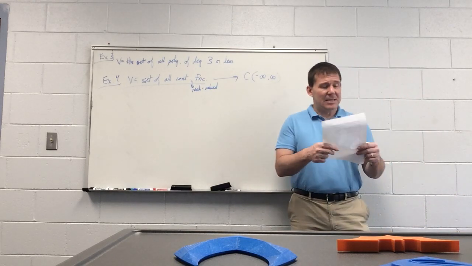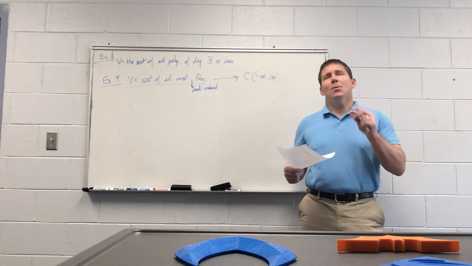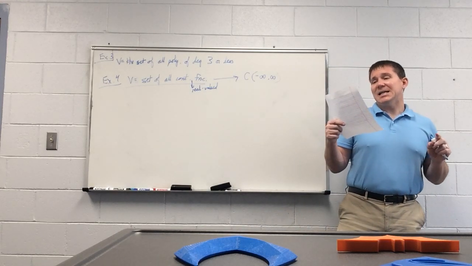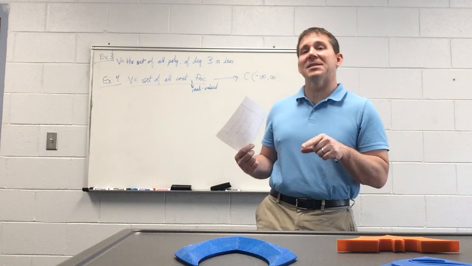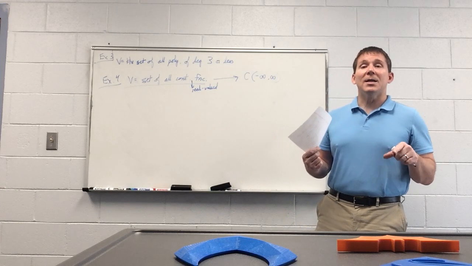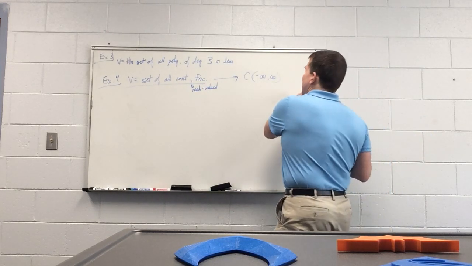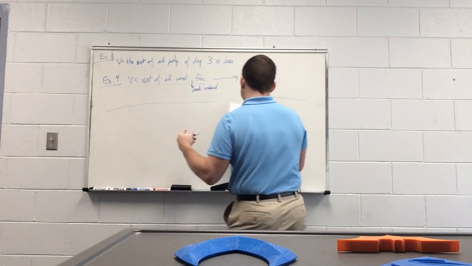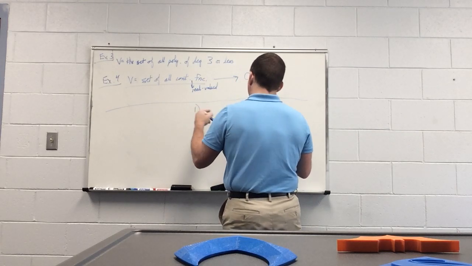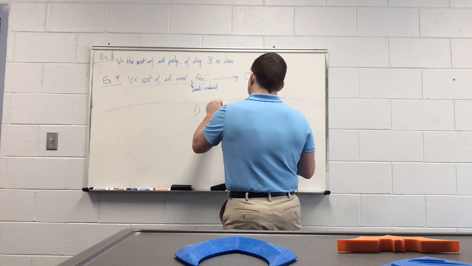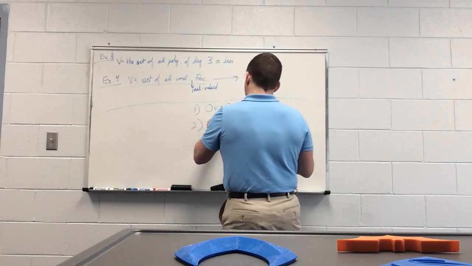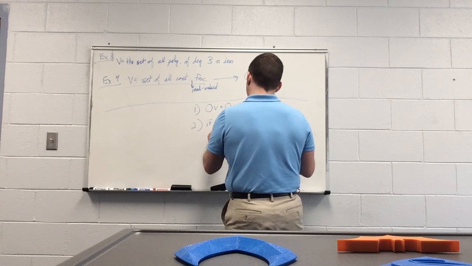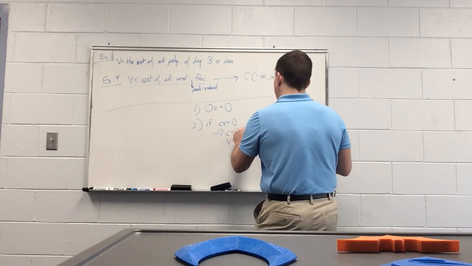But again, once we understand that we have this class of things called vector spaces, the idea is, once I know that something is a vector space, then I know it has a bunch of properties. And there's a few your book lists for properties of vector spaces. 0 times v equals 0. If cv equals 0, that implies c equals 0 or v equals 0.